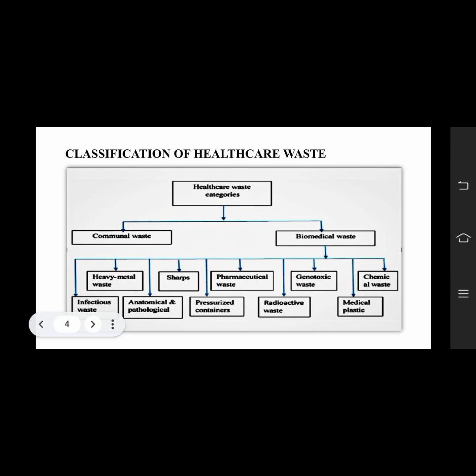Then we have the infectious waste. Then we have the anatomical and pathological waste, pressurized containers, radioactive waste, and medical plastics. So these are all the types, or we can say the categories of waste which come under biomedical waste.